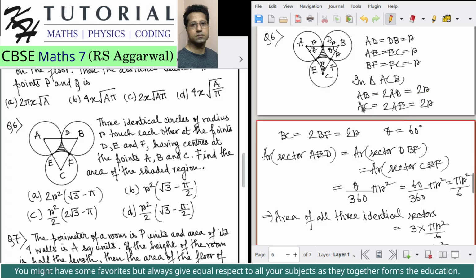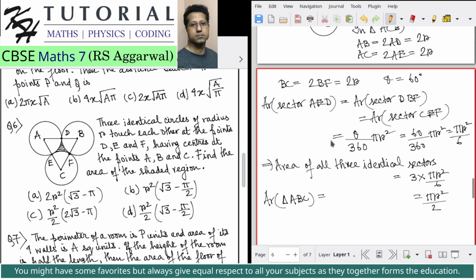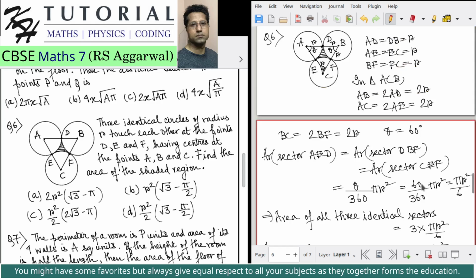The area of the shaded region is nothing but the area of the triangle ABC minus the area of all the three sectors. So let's quickly find out the area of the triangle ABC. Triangle ABC is an equilateral triangle having each side equal to twice r.